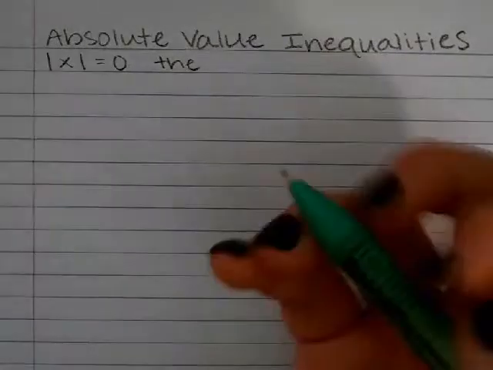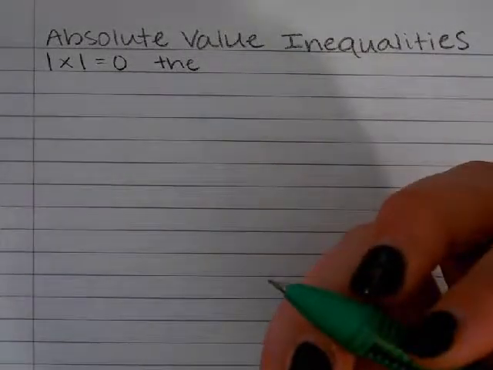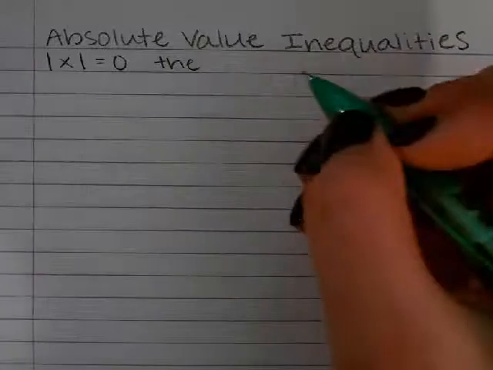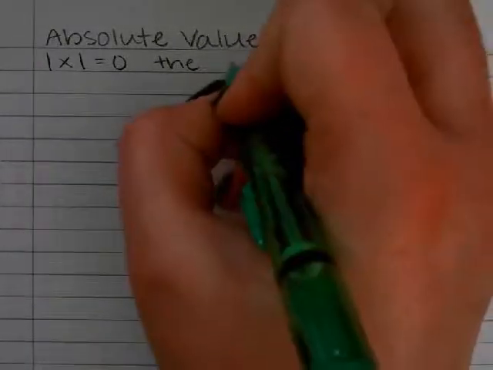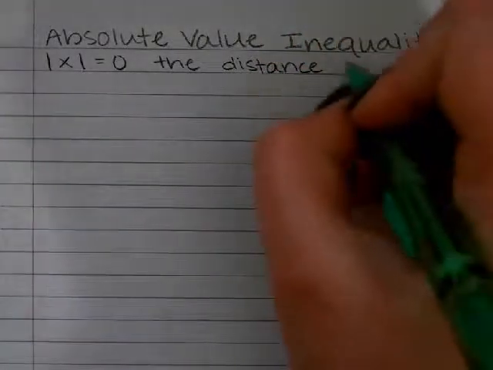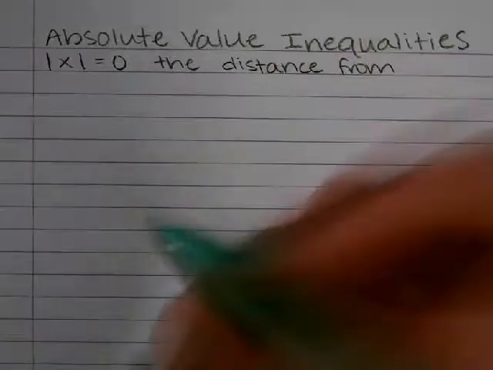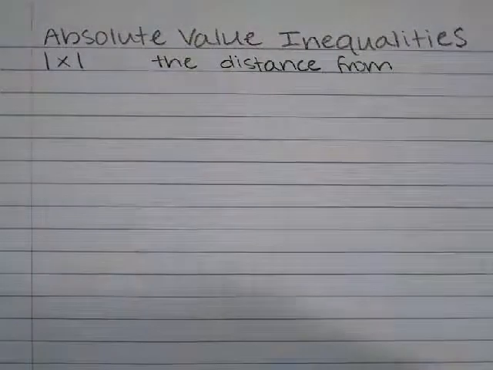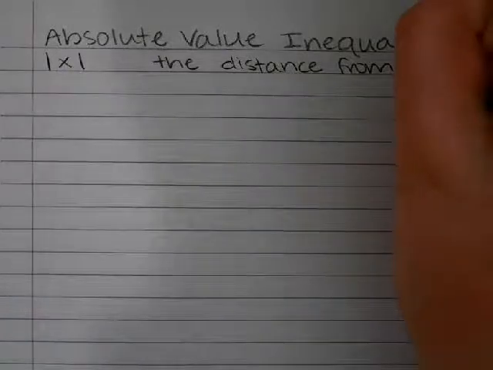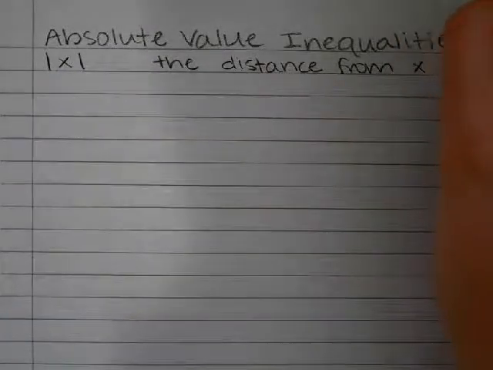Oh no. Okay, the distance from x to 0. Hold on, this right here shouldn't say equals anything. This right here means the distance from x to 0, and then you could say equals whatever.